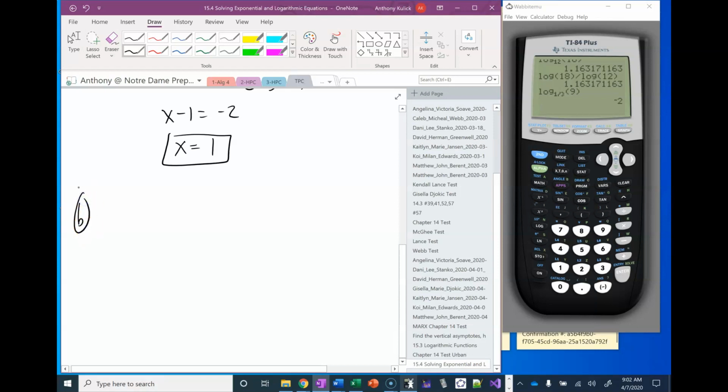So example B, say we have 12 times 3/2 to the x over 5 equals 27. So again, the first thing I'm going to want to do is get that exponential part by itself. So let's divide both sides by 12.